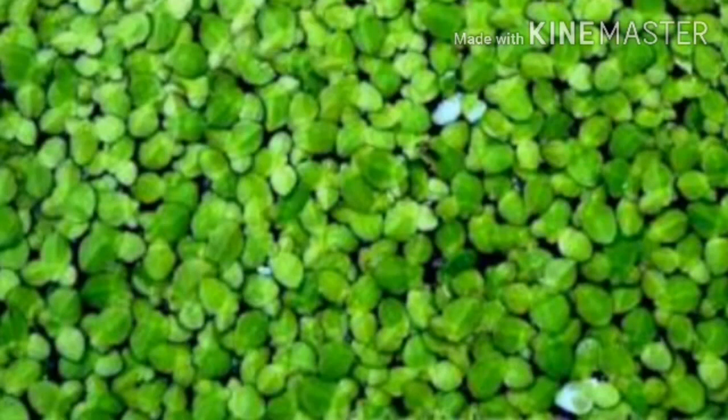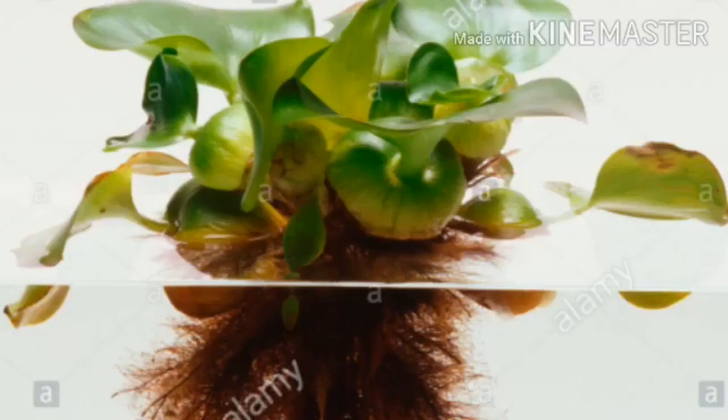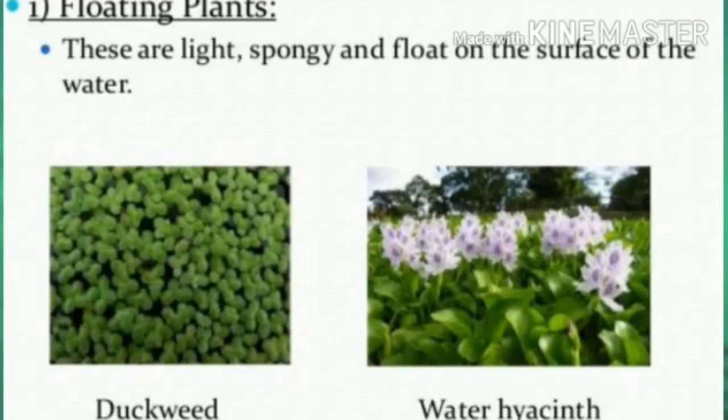These plants are not fixed in the soil. They float freely on water. Stems and leaves of these plants are light and spongy. This helps the plant float on water.